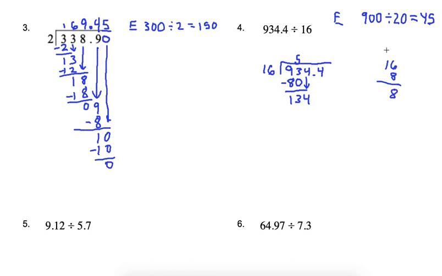Put down 8, carry the 4. 8 plus 4 is 12. So 128. Yeah, that's as close as we're going to get, isn't it? So we end up with 128. Subtract that down. I need to borrow here.